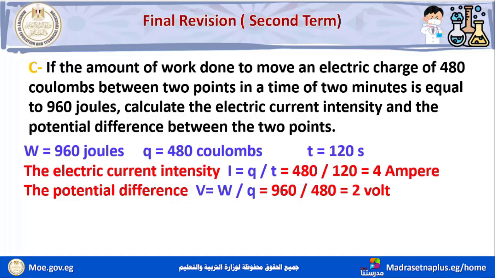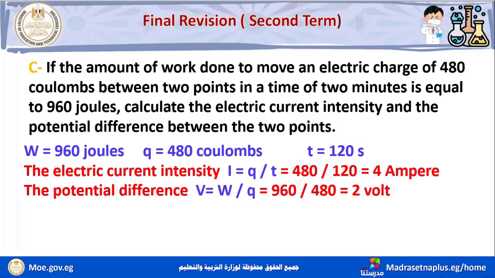Time 2 minutes equals 2 times 60 equals 120 seconds. The electric current intensity I equals Q divided by time, 480 divided by 120 equals 4 ampere.